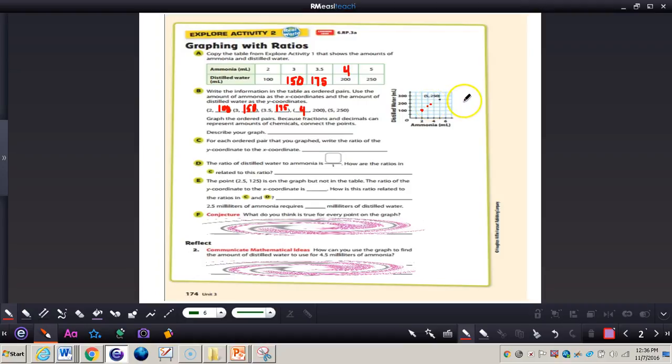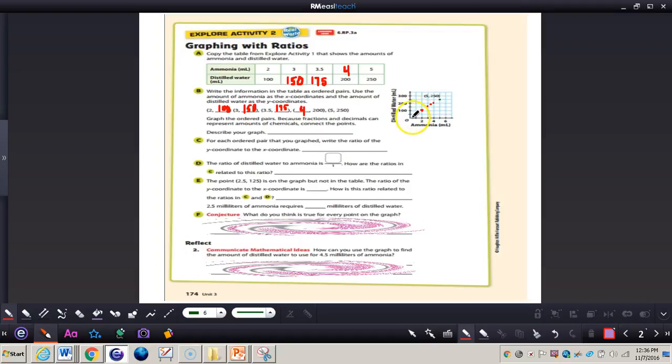So we'll graph that point, and then we can go 4 to 200, so we have 4 all the way to 200 now. I know mine's not exactly perfect, a little tricky doing it on here. And then we have 5 to 250. That's already graphed for us.